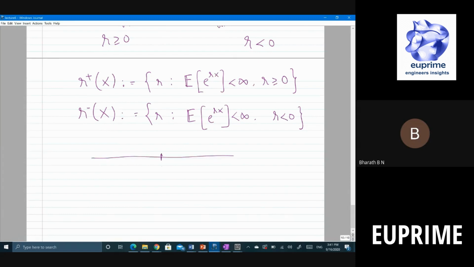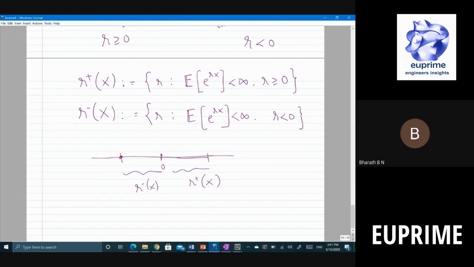So 0 is definitely included, and perhaps this is R minus of X and this is R plus of X. This boundary can go to infinity and this boundary can go to minus infinity, depending on the function. You agree? Right? So that depends on what kind of random variable you are looking at.